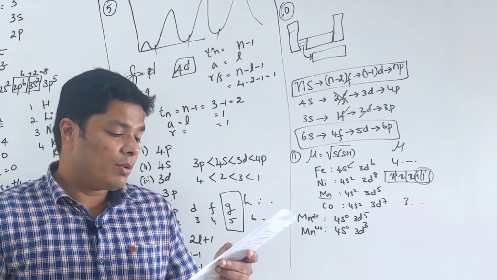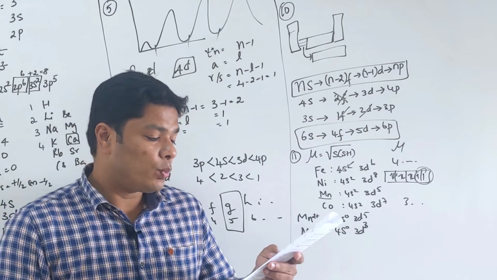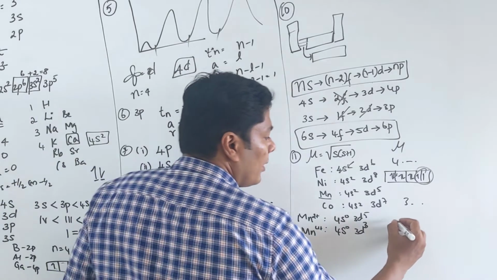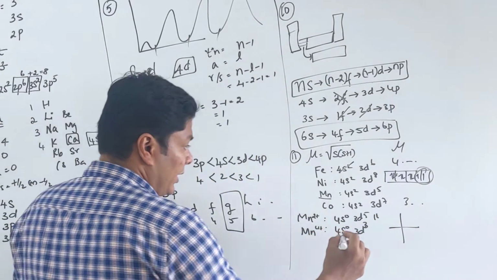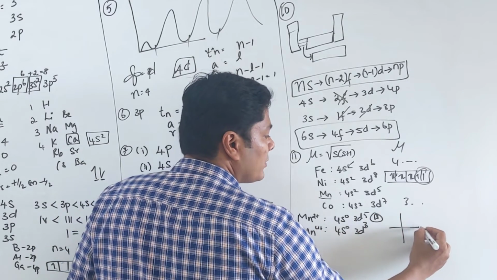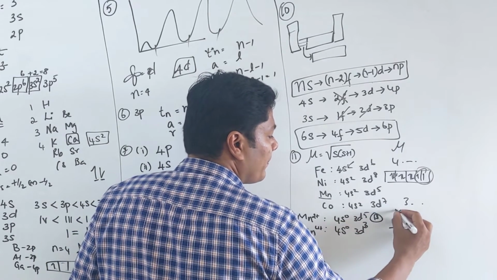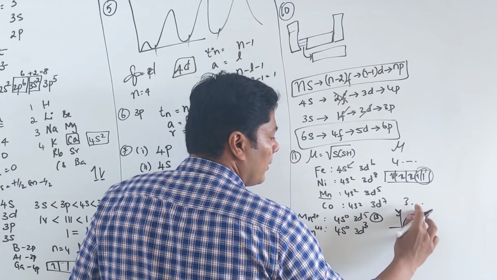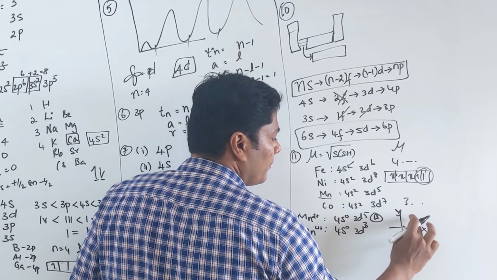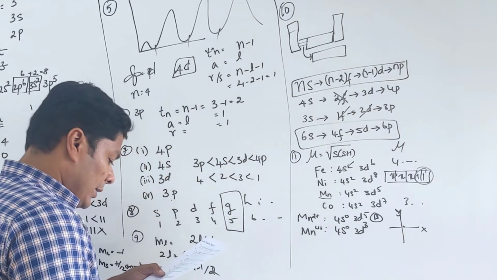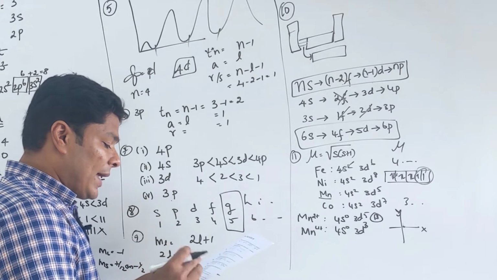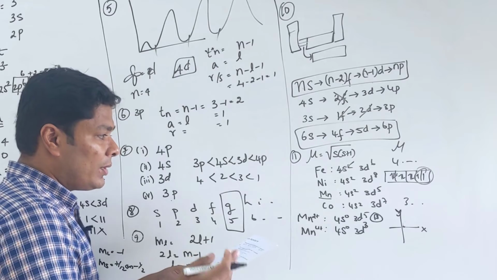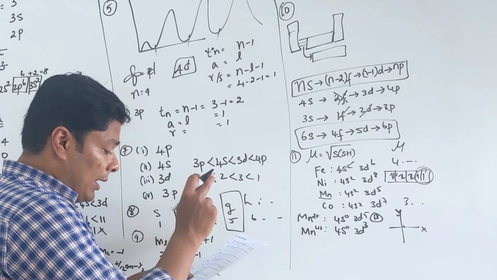13th one is simple. The maximum probability of finding an electron in the dxy orbital. So if this is x, this is y. The maximum probability of finding an electron in the dxy orbital is at an angle of 45 degrees from x and y, which is why it is dxy.